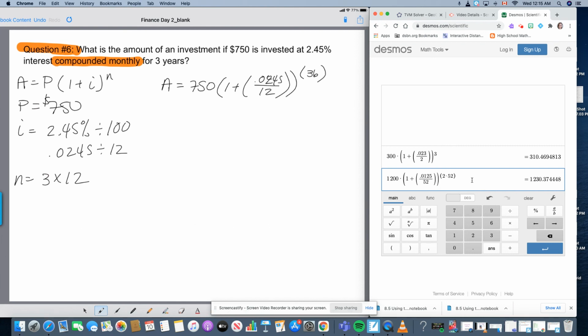But if you don't, you can write 12 times 3 here in order to put that in your calculator, okay? So either one will work.